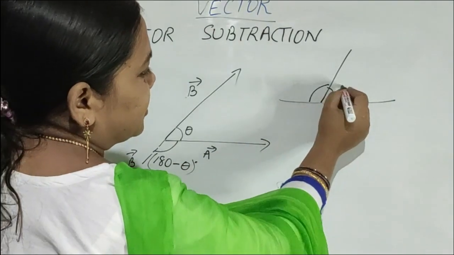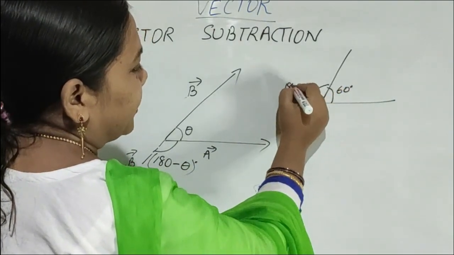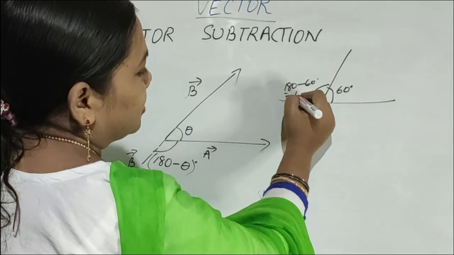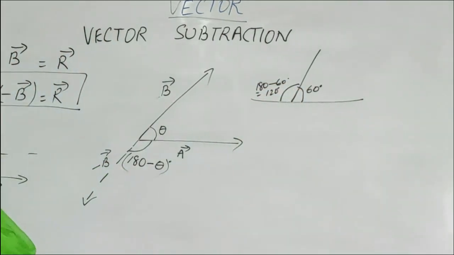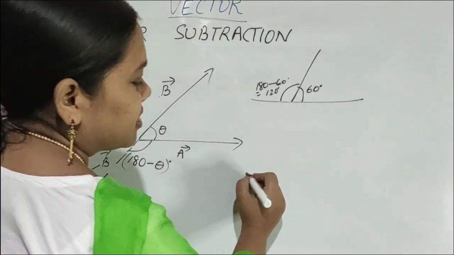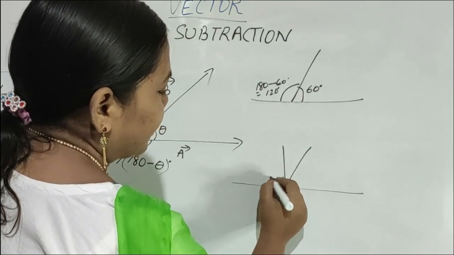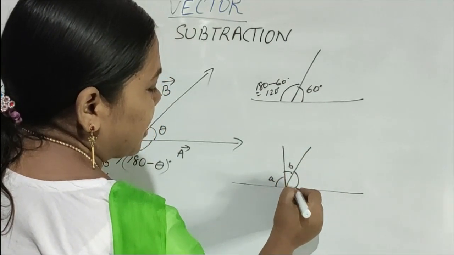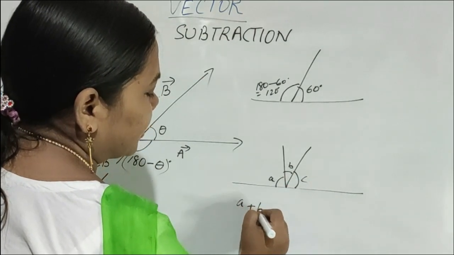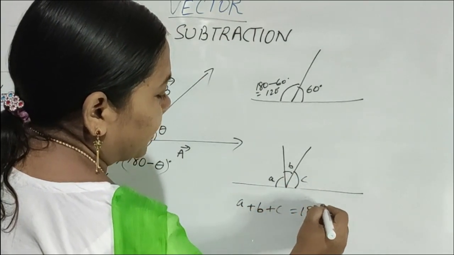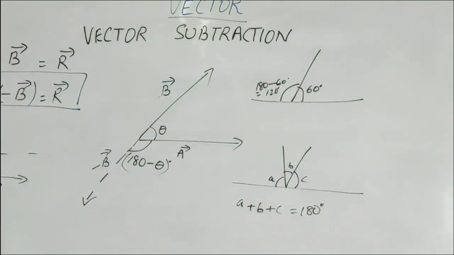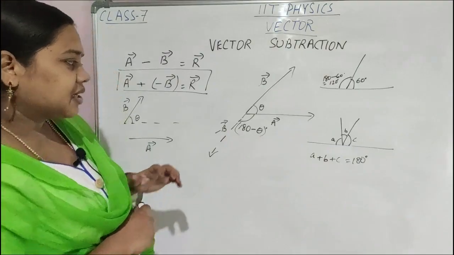If this is 60 degrees, then this is 180 minus 60, that is 120 degrees, because the sum of all angles on a straight line is 180 degrees. Suppose this is angle A, this is angle B, this is angle C, then angle A plus angle B plus angle C equals 180 degrees. The sum of all angles on a straight line is 180 degrees. Clear?